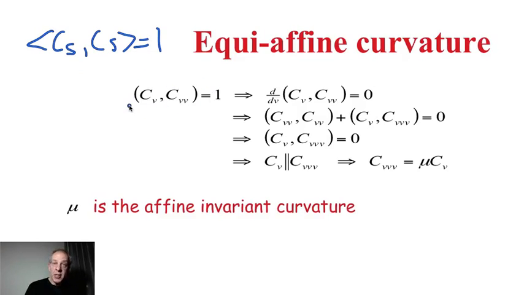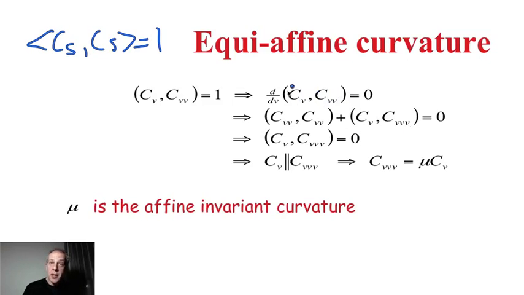So here, remember, is a determinant of two vectors, and we are going to take the derivative. The derivative of the determinant is like any other product. We have to take the derivative of the first vector and then put the second, and then the derivative of the second and put the first. So it's what we have here.